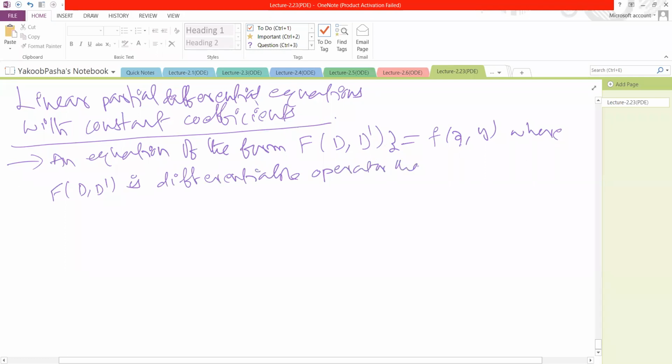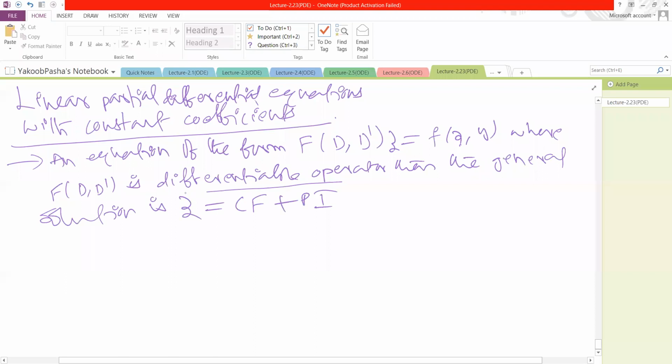Then the general solution is z is equal to CF plus PI.